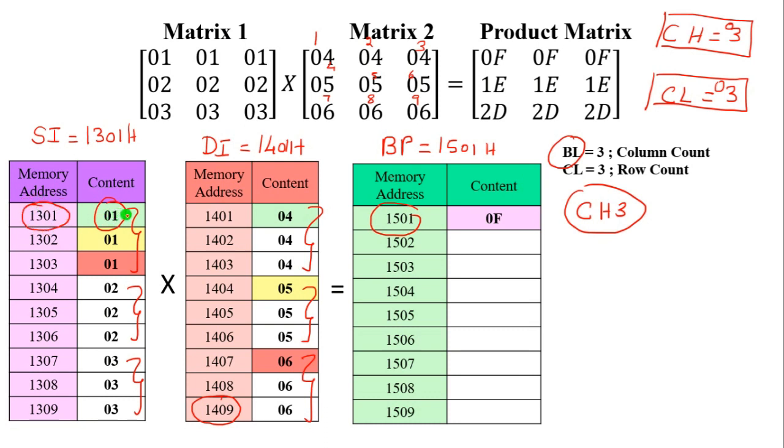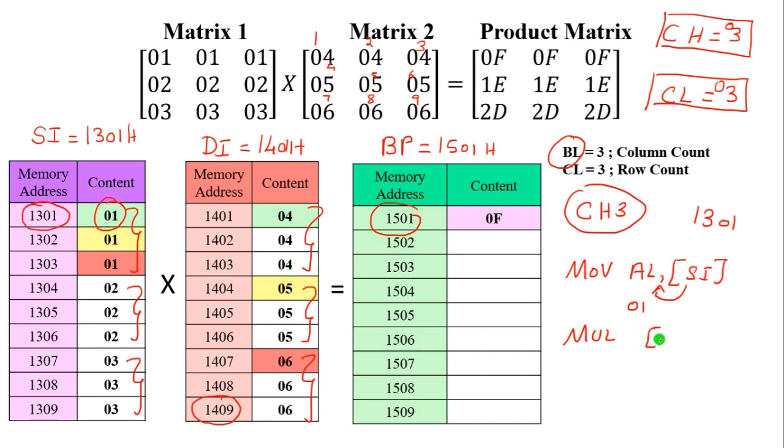The 01 is multiplied with the 1401 memory location value. First, MOV AL, [SI]. What is the meaning? The SI register's value is 1301, so the value contained at this memory location, 01, is moved into the AL register.